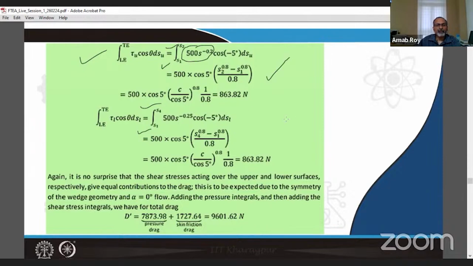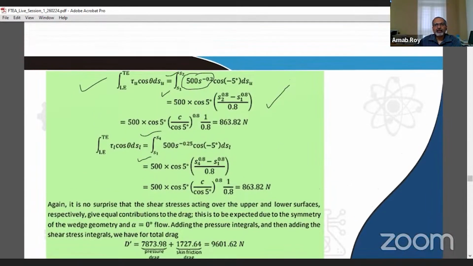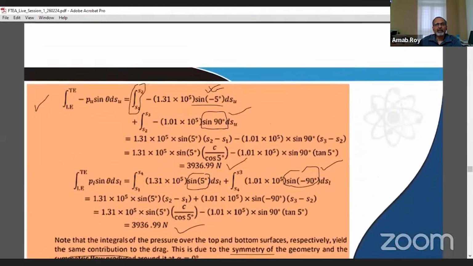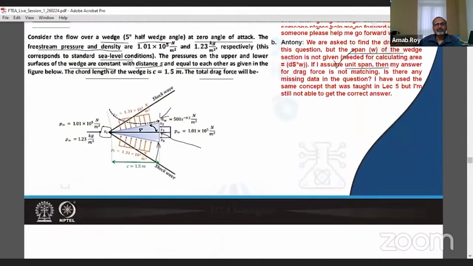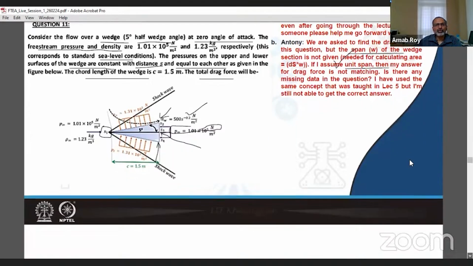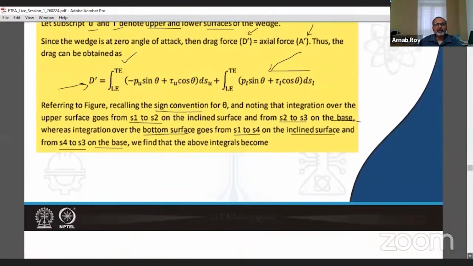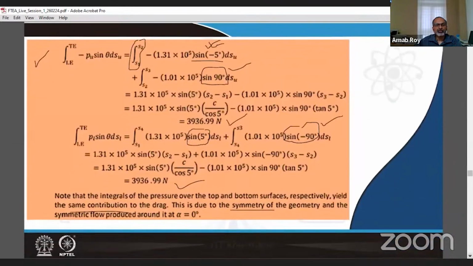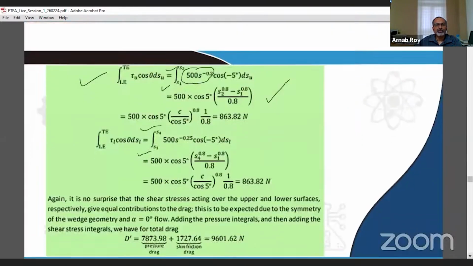And you will find that in the base region of the body, you didn't have any difference with respect to the free stream pressure, and nothing was stated about the shear stress. Therefore, these facts also have to be appropriately fitted into your calculations when you do them.